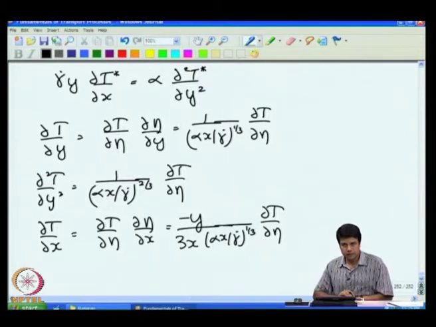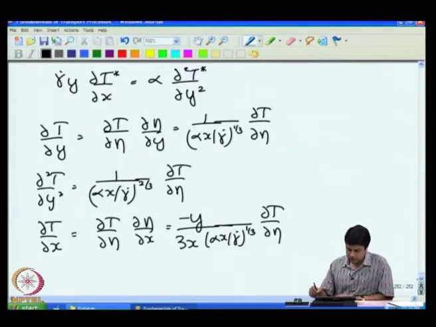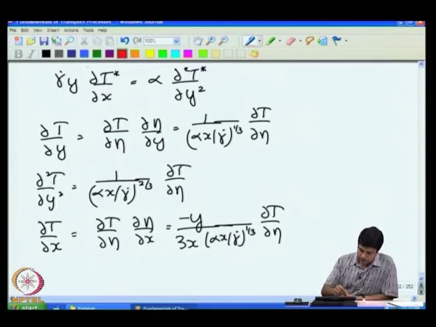The derivative gives you minus 1 by 3 times x to the power 4 by 3. So, this finally has to be substituted into this differential equation.